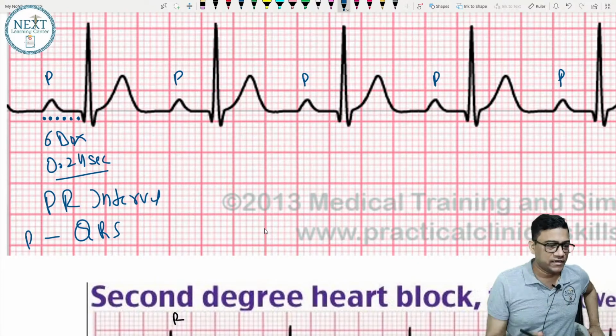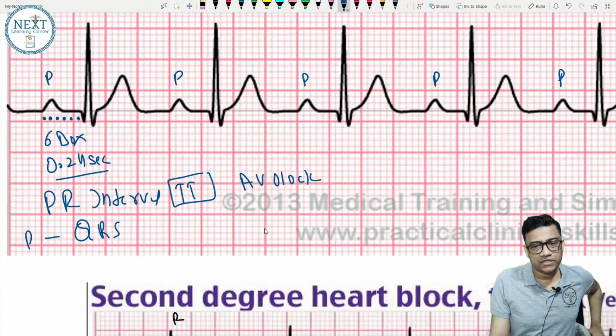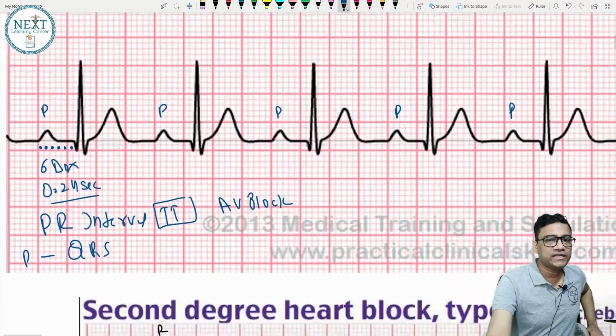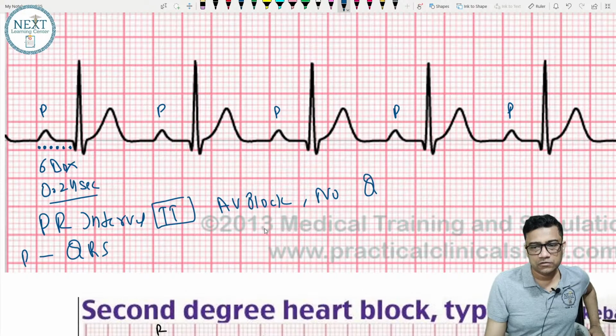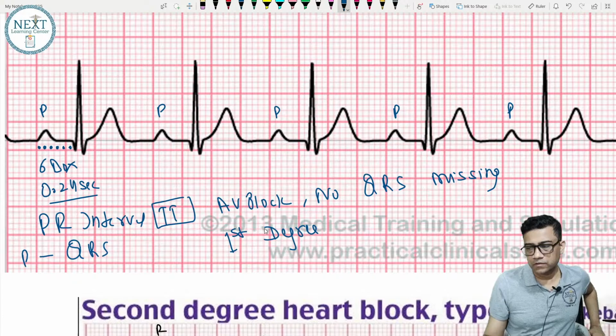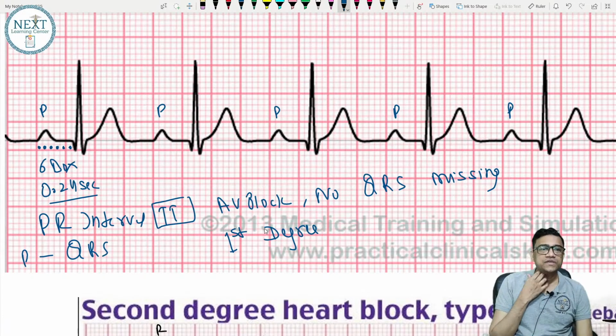That is 0.24 second. Is it normal or increased? It is increased. So it's an AV block. But is there any dropping of the beat? No. No missing QRS. So it becomes what? It becomes first degree. So are you clear?